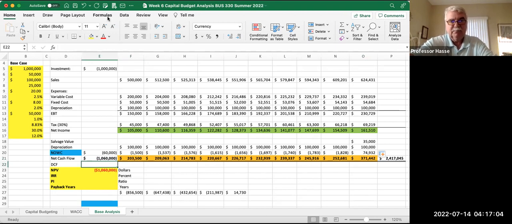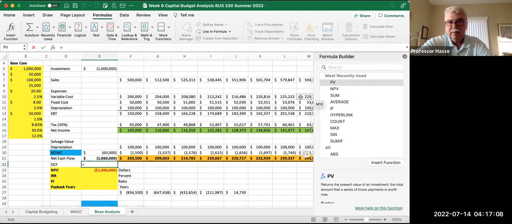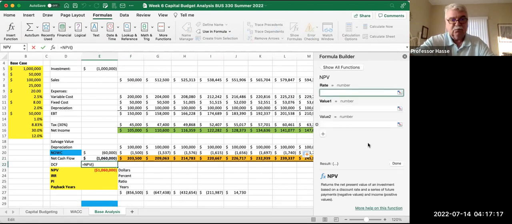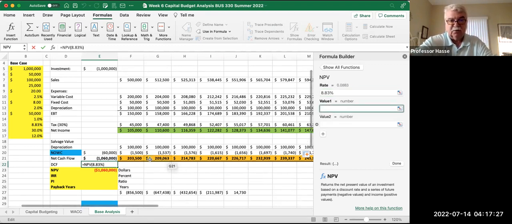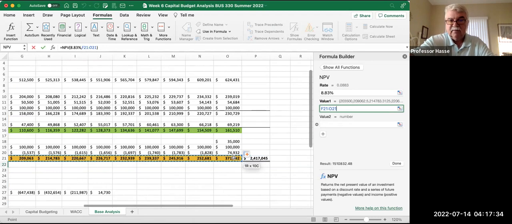Formula, function, net present value, the interest rate is our cost of capital that we determined, 8.83%. And our values are year 1 through year 10.